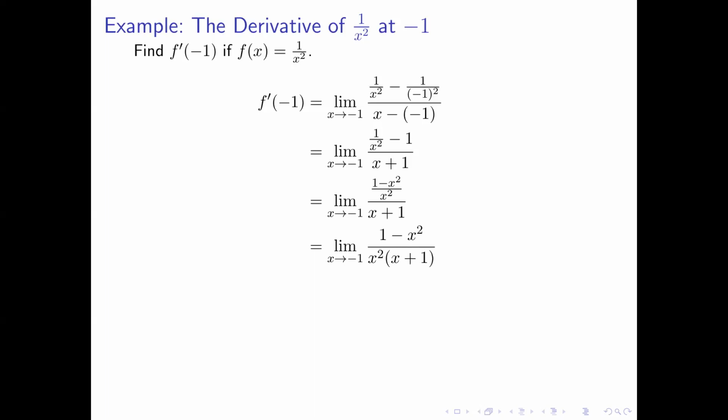At this point, we can simplify the complex fraction. Rather than dividing by x plus 1, we'll multiply by 1 over x plus 1. And then we can factor the numerator. It's a difference of squares that can be factored into (1 minus x) times (1 plus x). And notice that we now have a common factor, 1 plus x or x plus 1.